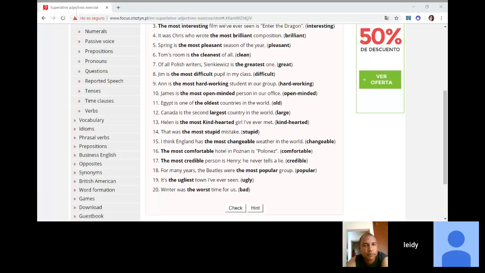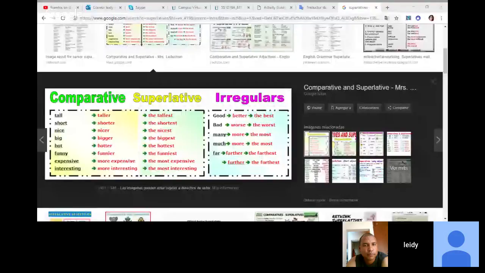Now, let me share the picture that you saw at the beginning of the class. Now, what is the difference between the comparatives and the superlatives?